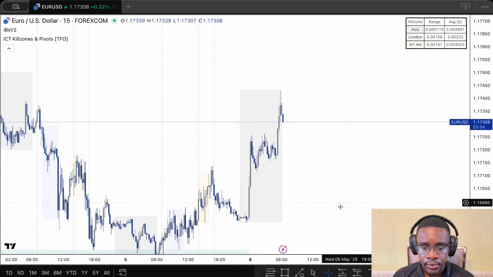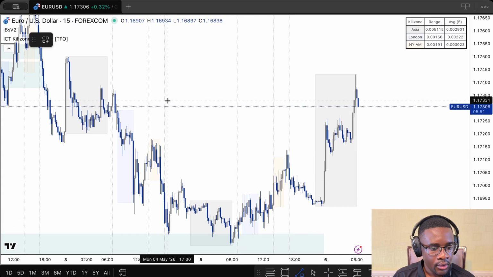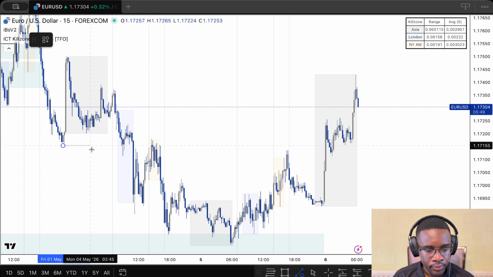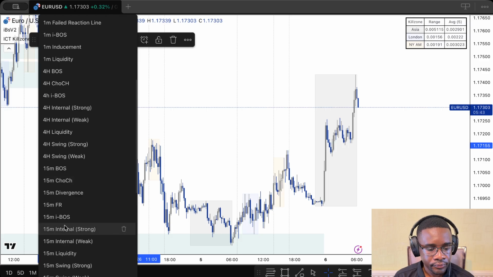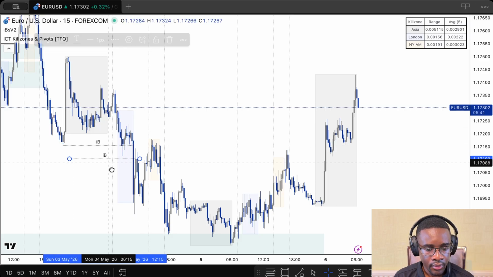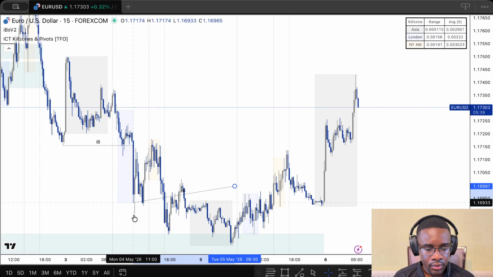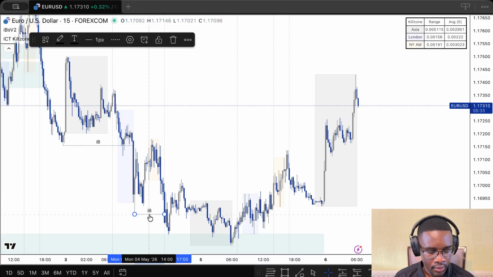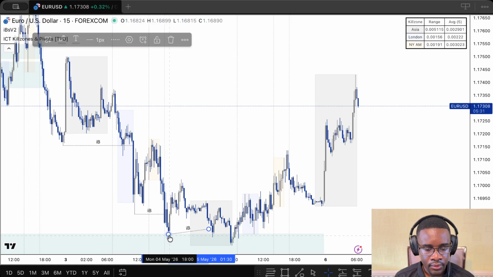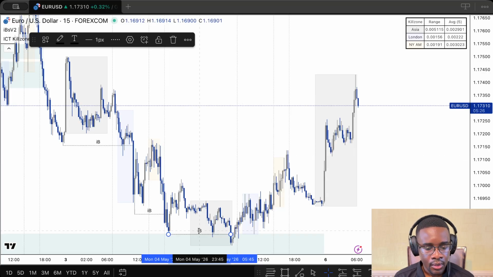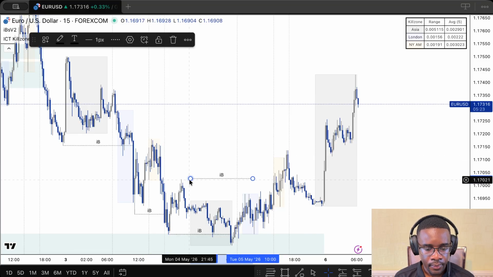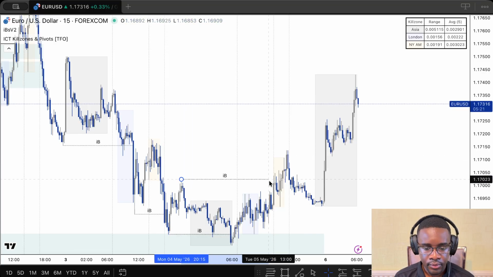So internally we've had breaks of structure right there, and another one, and another one, and then now shifted bullish.